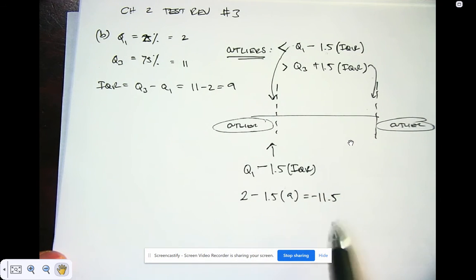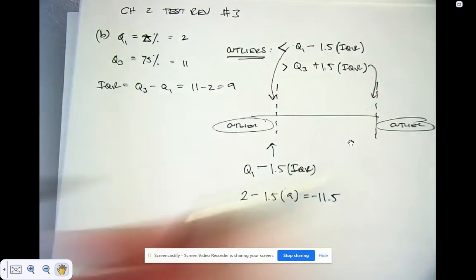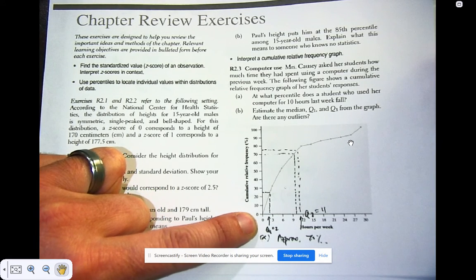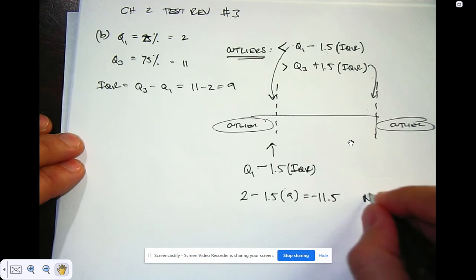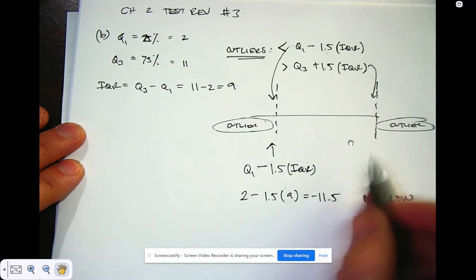And so if this is your number here, negative 11.5, are there any values that are smaller than negative 11.5? No, the minimum number of hours that you can use a computer would be 0. So there would be no low outliers.